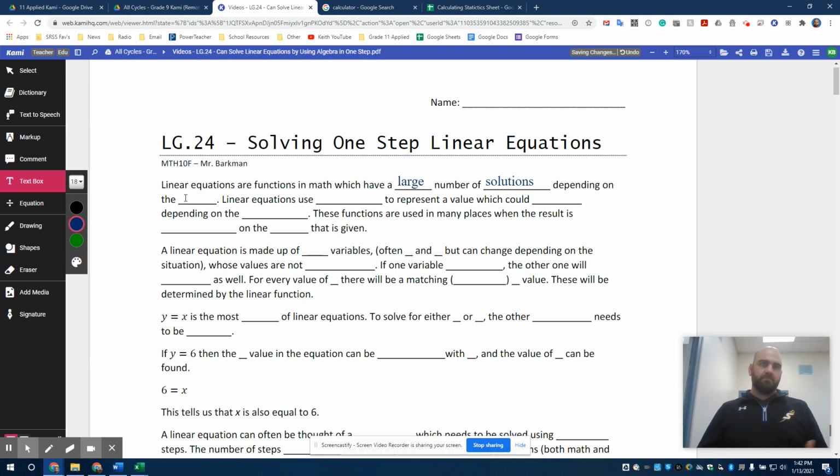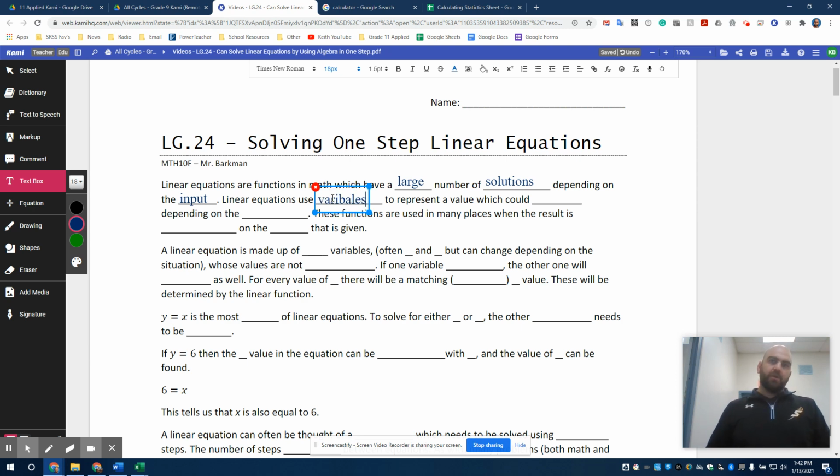So the number of solutions all depend on what is being inputted into the equation. Think about it: in many cases, we could represent something where depending on what I give you, your response might be different. And that would be what a linear equation looks like.